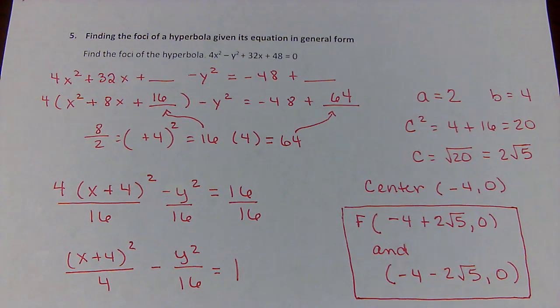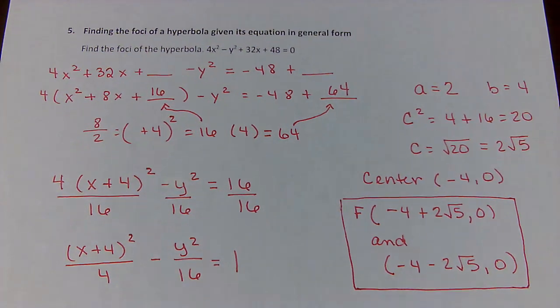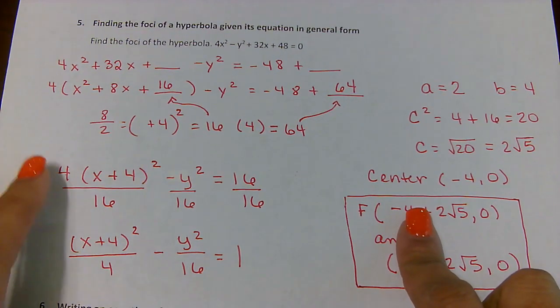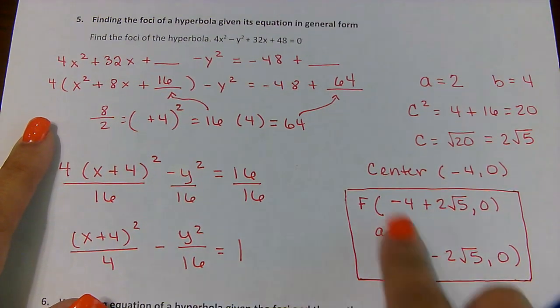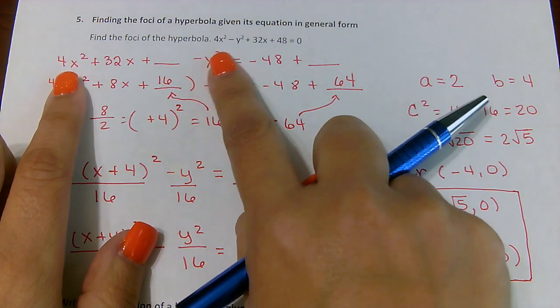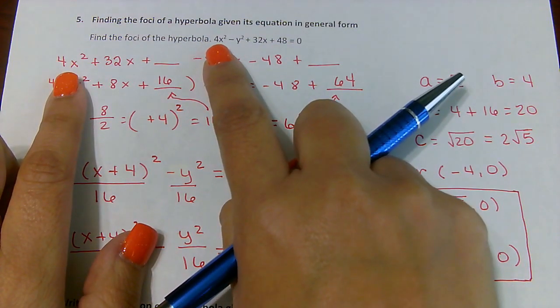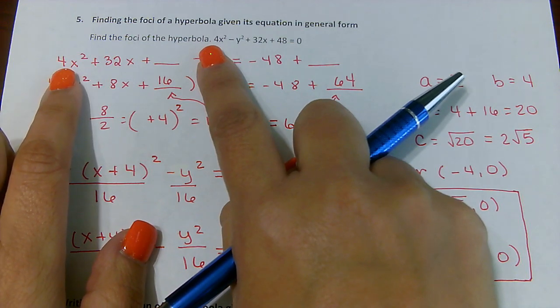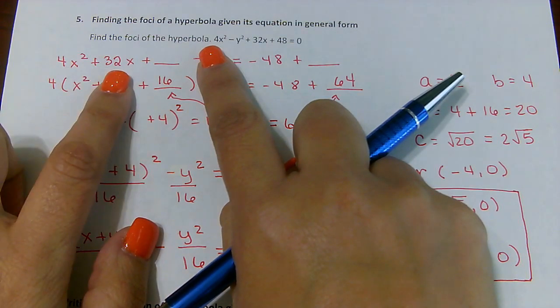Number 5 states, find the foci of the hyperbola given its equation in general form. So again, we're going to have to complete the square. First thing I did was locate the x squared and notice that it is a positive value. So we're listing these first.